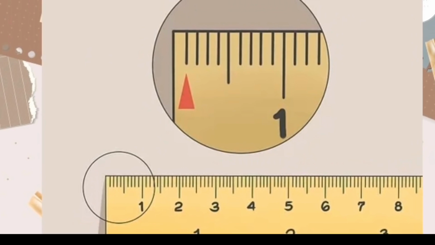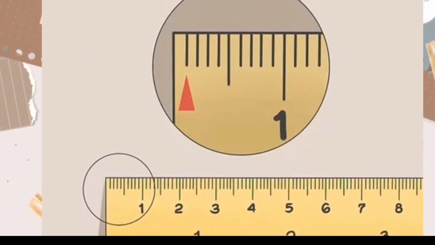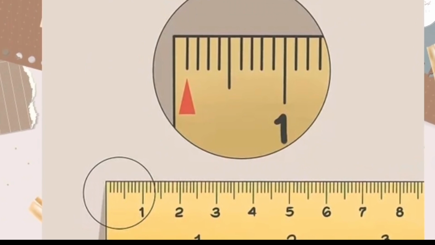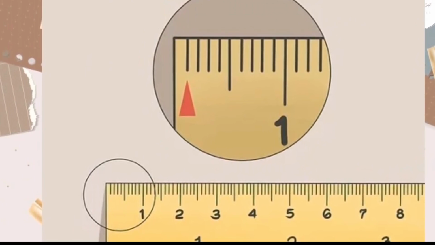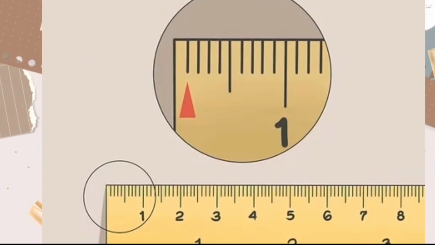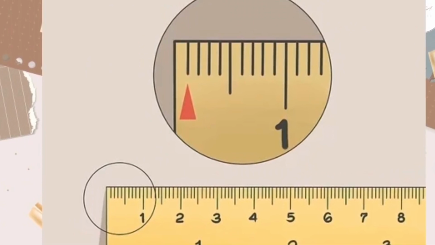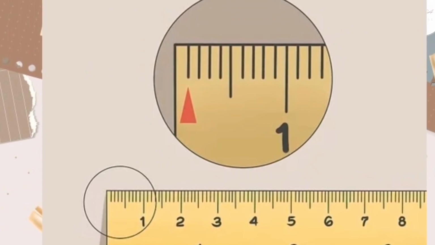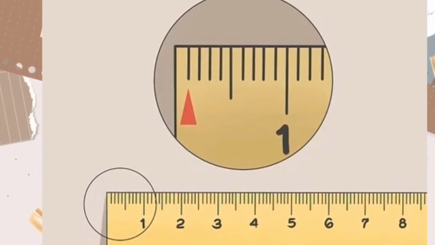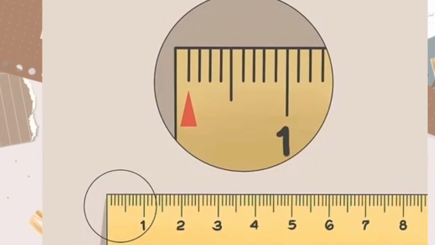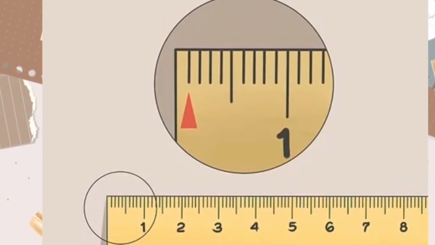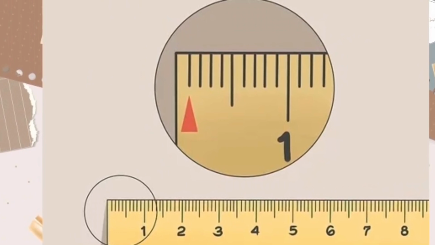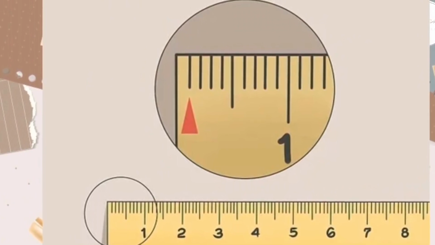Let us count the smaller marks together. Starting from the red triangle, we start from 1, 2, 3, 4, 5, long marks, 6, 7, 8, 9, and 10. 10 millimeters. 10 millimeters equals 1 centimeter.